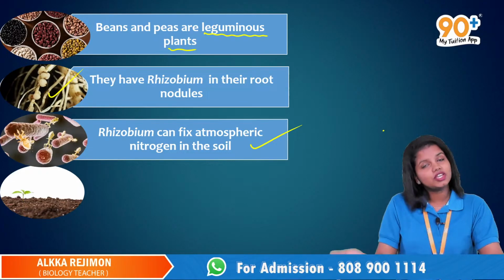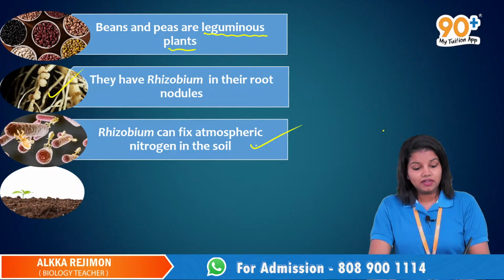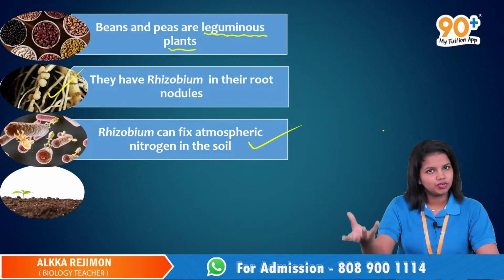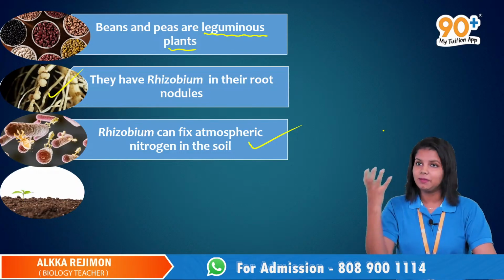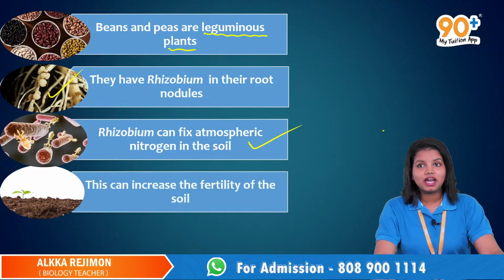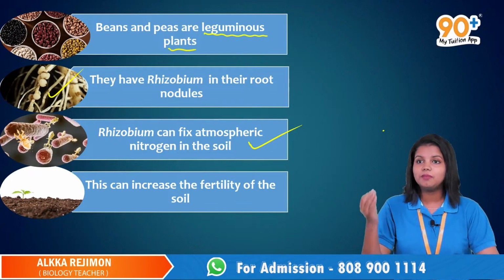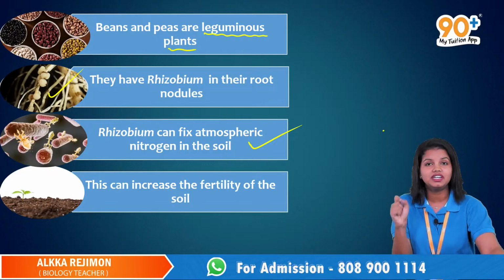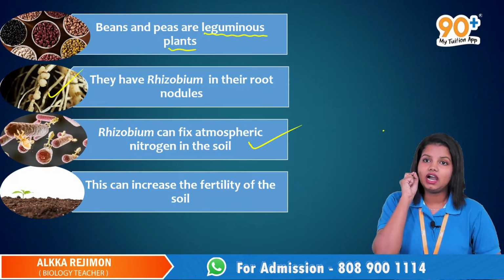So, when we plant such beans and peas in soil without fertility, these bacteria themselves naturally increase the fertility there. That is why the farmers prefer such leguminous plants in fertility deficient soil.